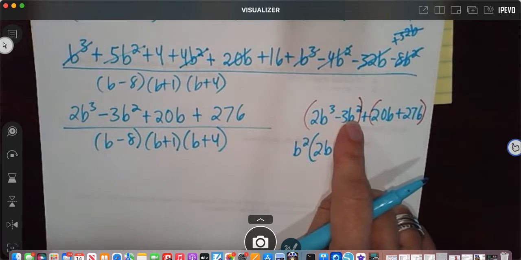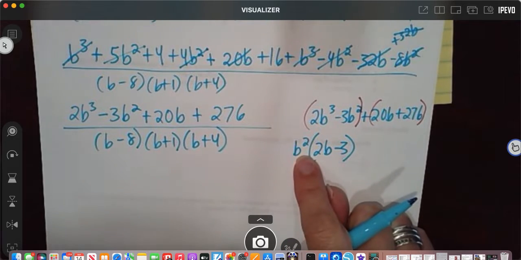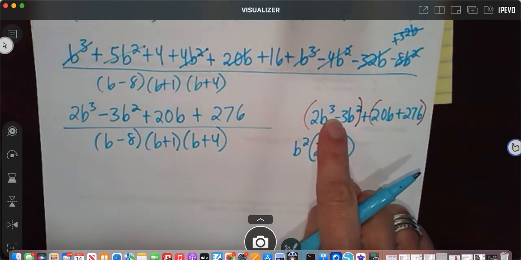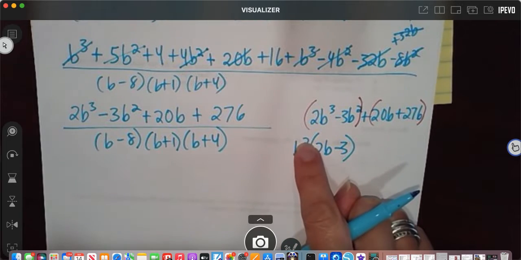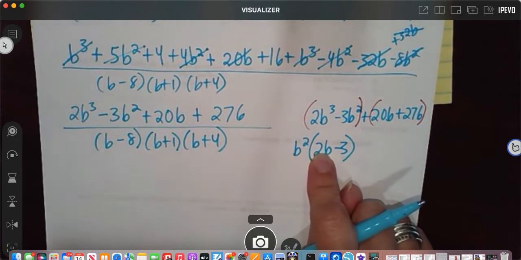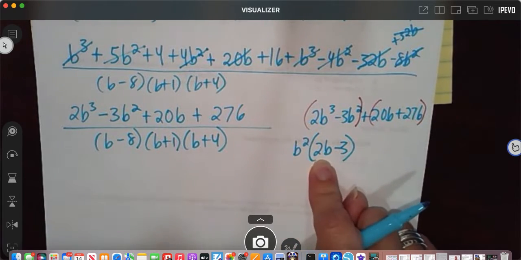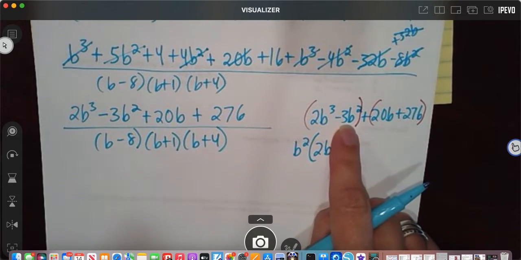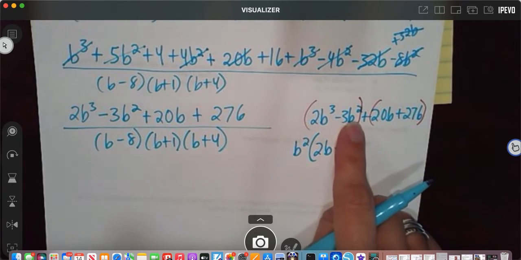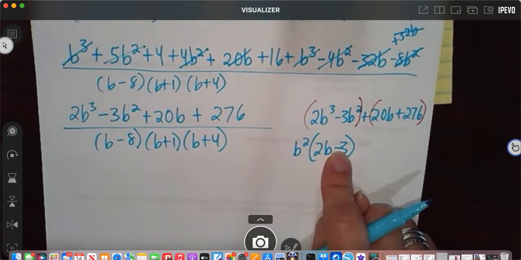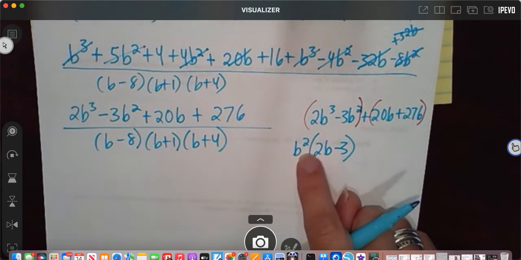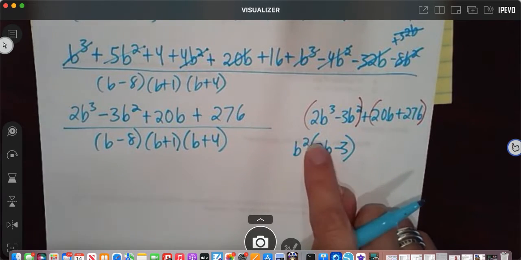That's the only thing they had in common, so that's what I factored out. If I took b squared from this one, what's left? A b, and then don't forget our 2. Now on this one, I took the b squared out, and what's left? The minus 3. So it's kind of like backwards from distributing. I'm dividing it out really.